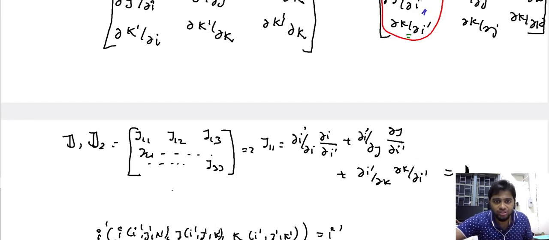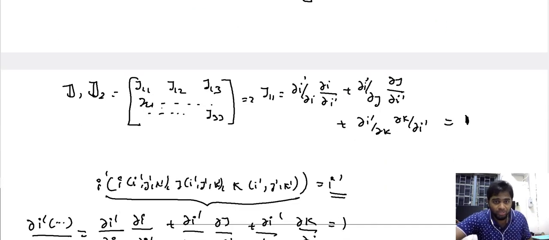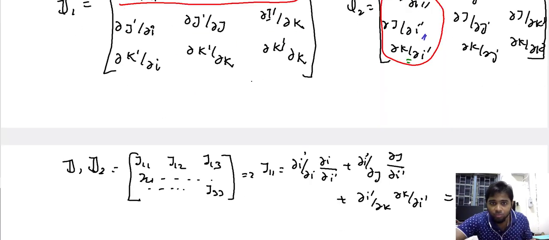So what essentially J12 means is, J12 is nothing but the partial derivative of the I prime as a function with respect to the independent variable of J prime.